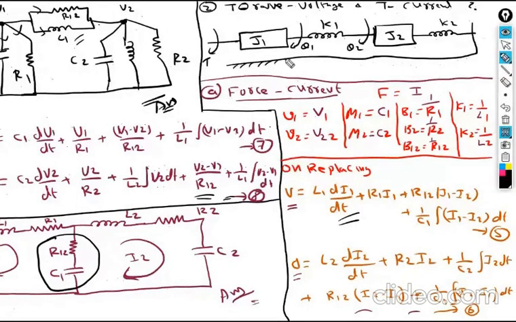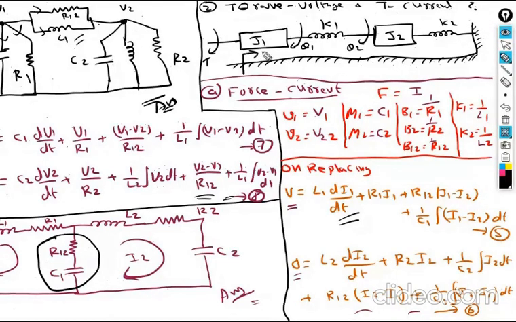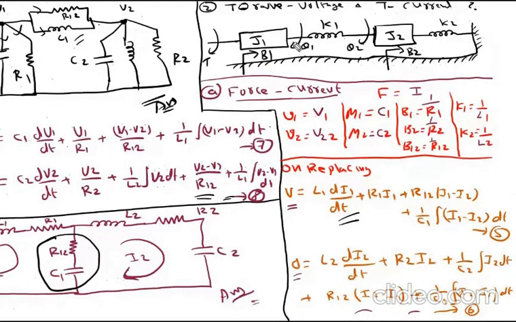This is grounded. Now let this be B1 and let this be B2. Theta 1, theta 2 here. This is a mechanical rotational system. Please note down this second problem and try to solve it.